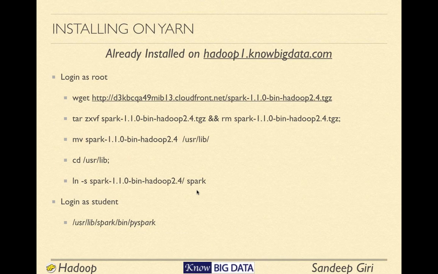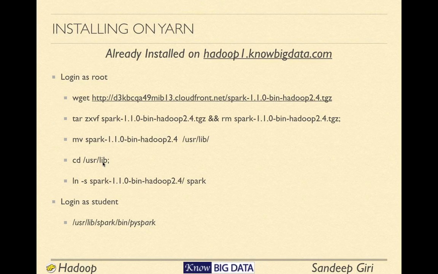So the first step to get started is to install it on Yarn. Download the Hadoop 2.4 version of Spark, and once you have downloaded it, you extract it and then start running.